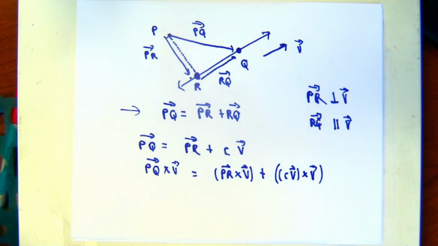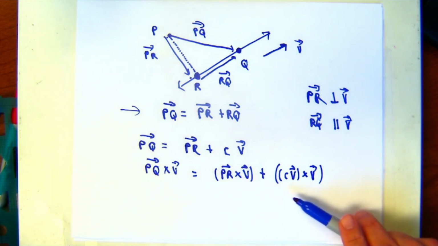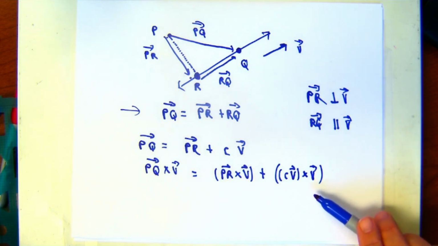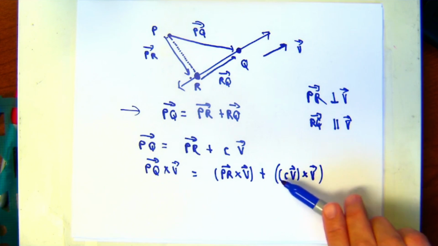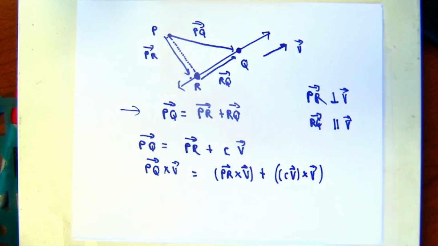C times V points along the same straight line direction as V does. When you take a vector and cross product it with a vector that points along the same line, the result is the zero vector. So this will get rid of this term for me.